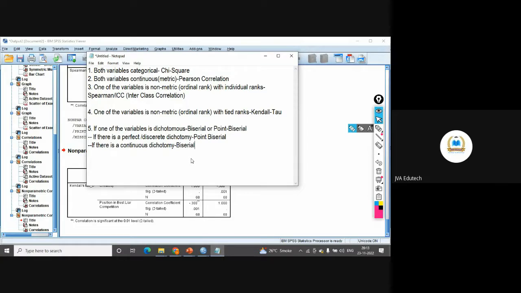Then continuous dichotomy. Discrete dichotomy is a situation where there won't be a connecting link, like living and dead. Have you heard of somebody being called half dead or half living? Medically, nobody is either half living or half dead. Either he is dead or living.